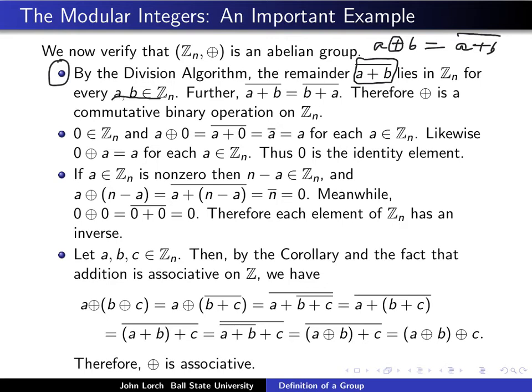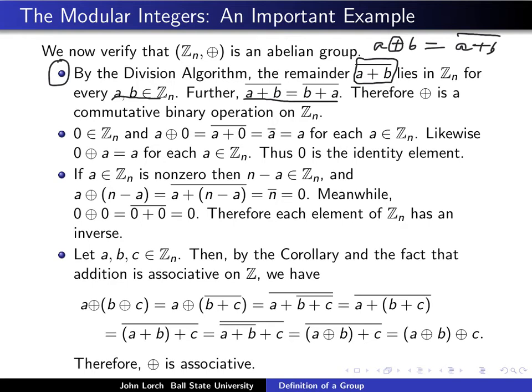Those are the possible remainders upon division by n. So this new thing, this a circle plus b, is again lying in Z sub n. So that means that it's a binary operation, and furthermore it's commutative because ordinary addition on the integers is commutative.